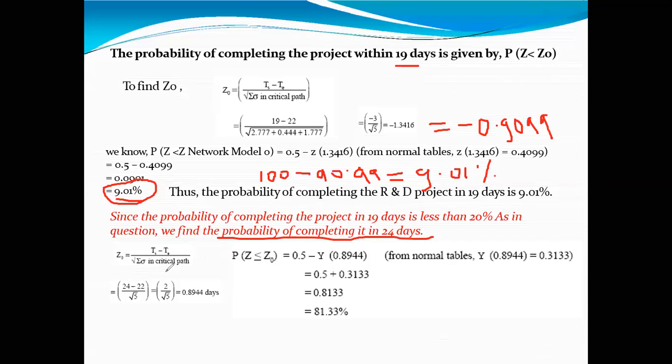Given time is 24, 24 minus 22, the project time, divided by the critical path sigma value, √5. So that comes to 0.8944.